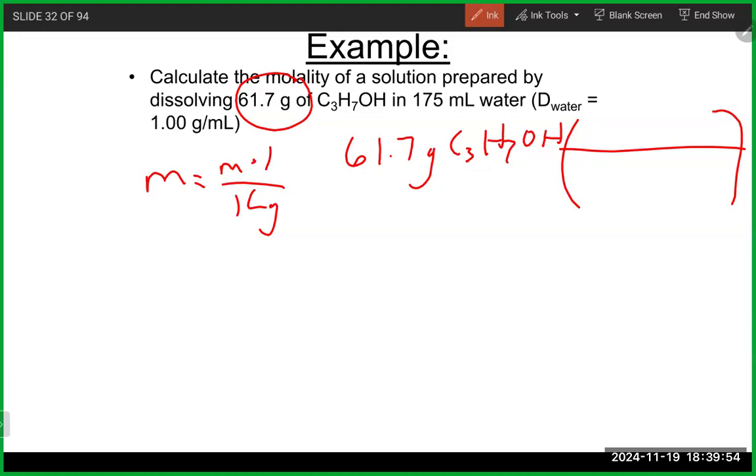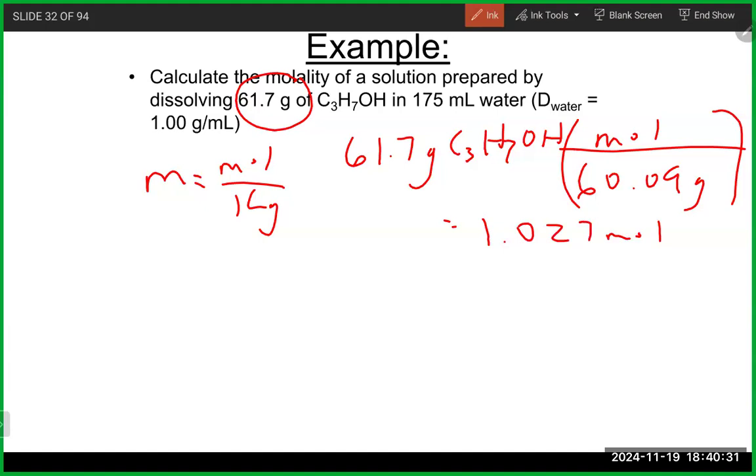That is 3 carbons at 12.01 plus 8 hydrogens at 1.008 and 1 oxygen at 16. That's going to give us 60.09 grams per mole from the periodic table. That's going to give us our moles of 1.027.